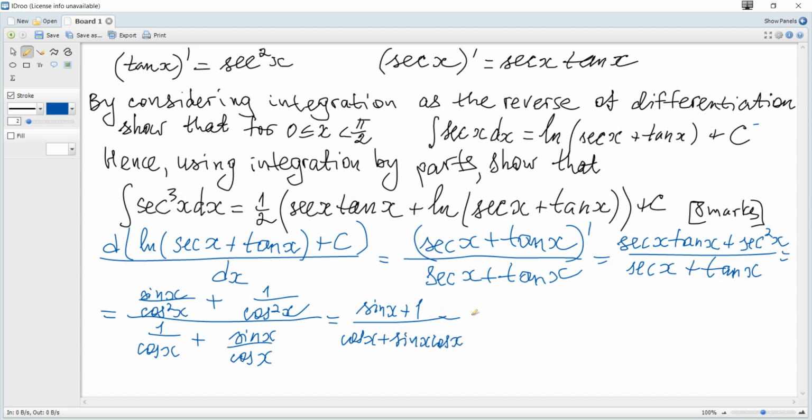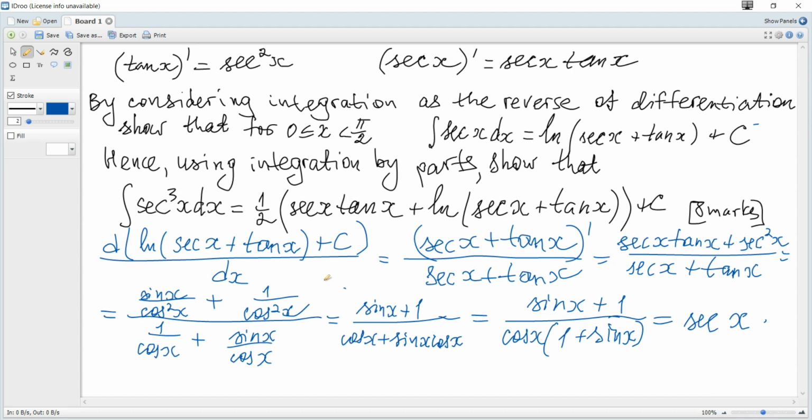We can see that there is a common factor cosine in the denominator. We can factor out cosine and get in the denominator cosine times (1 plus sine), and sine x plus 1 in the numerator, and we can see that it is equal to 1 over cosine, which is secant x as required.